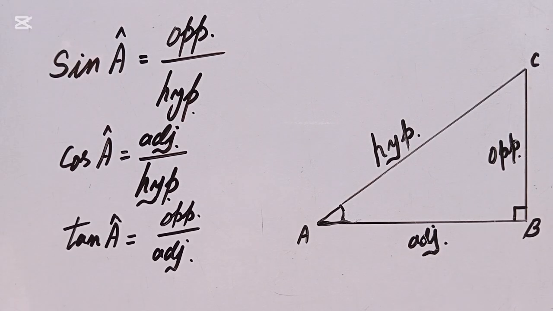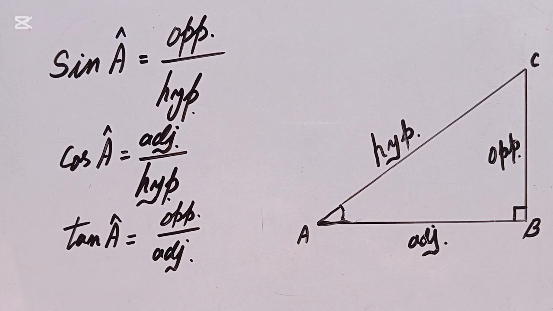The third ratio is the ratio between the opposite and adjacent in a right angle triangle. Opposite to the adjacent is the ratio which is named as tan. So tangent of the angle A is equal to opposite over adjacent.